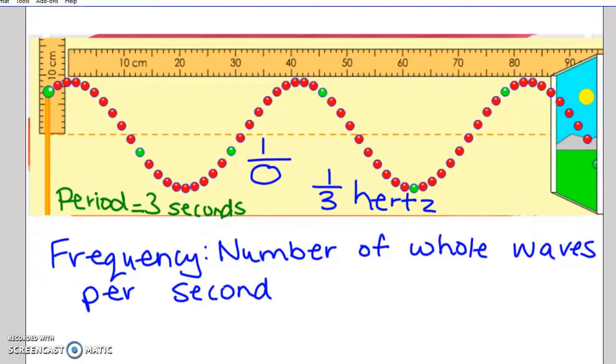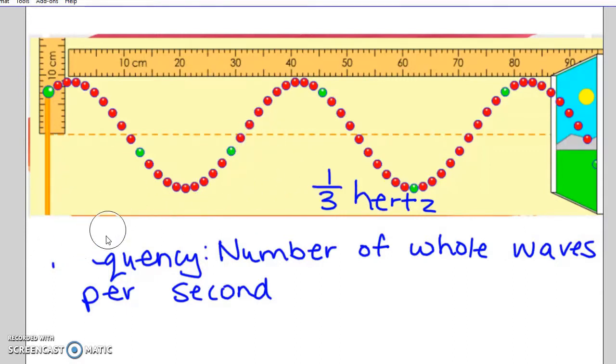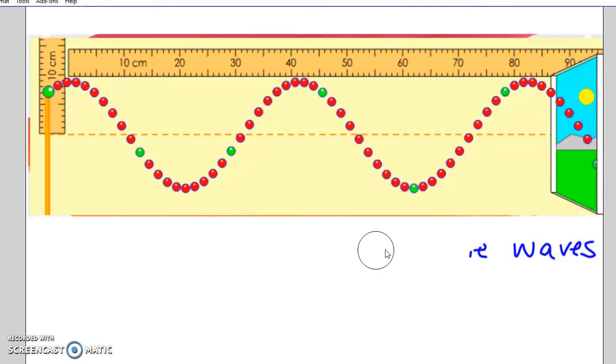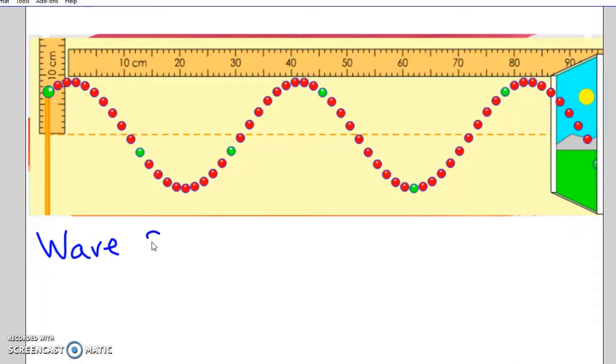All right, so that is period and frequency, two ways that we can use to measure and describe waves and the amount of energy that we find in waves. The next thing that we're going to talk about is wave speed.